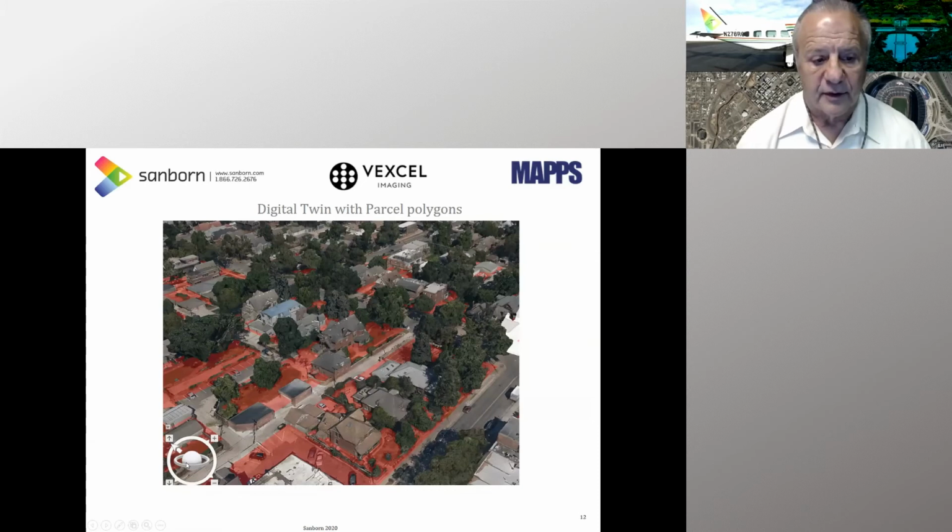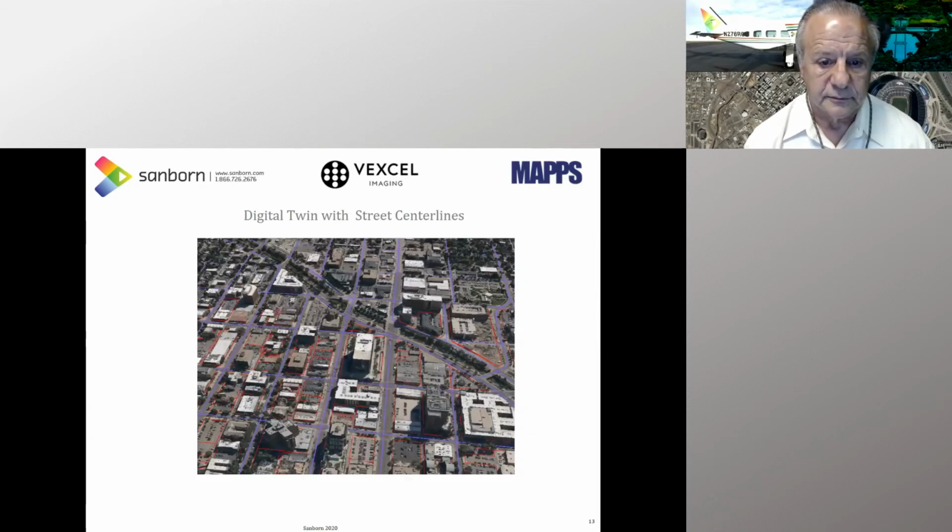So now all of a sudden in ArcPro, you can bring your digital twin in with traditional GIS data. So here's an example of parcels. Another example of street center lines.